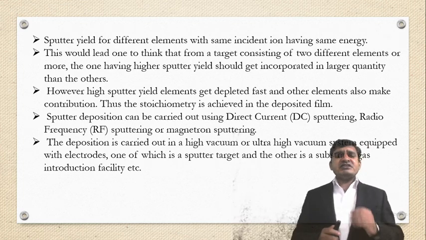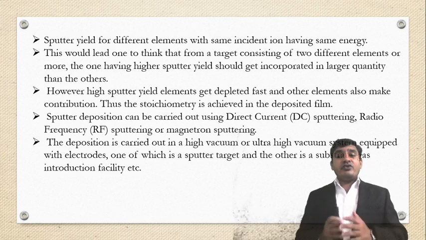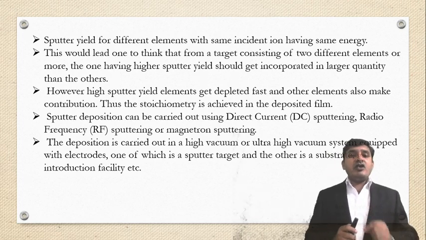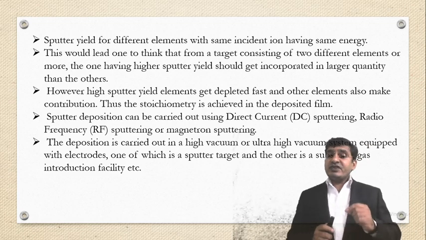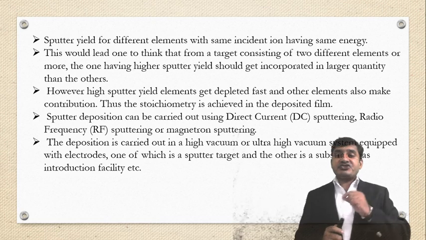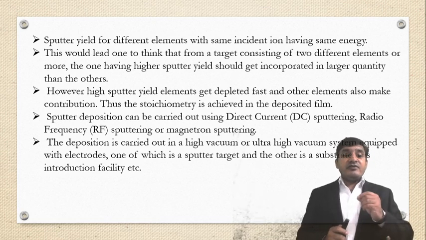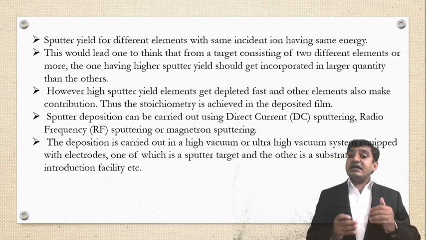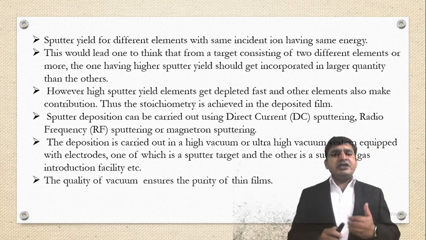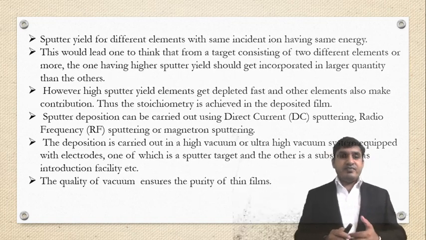The deposition is carried out in a high vacuum or ultra high vacuum system equipped with electrodes, one of which is the sputter target and the other is the substrate. A gas introduction facility is also available. The quality of the vacuum ensures the purity of the film.